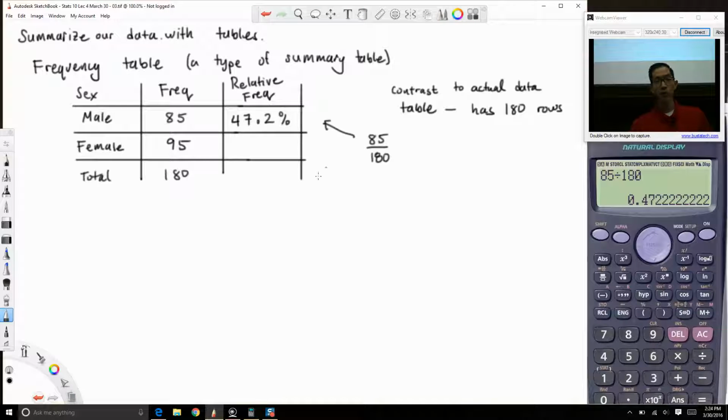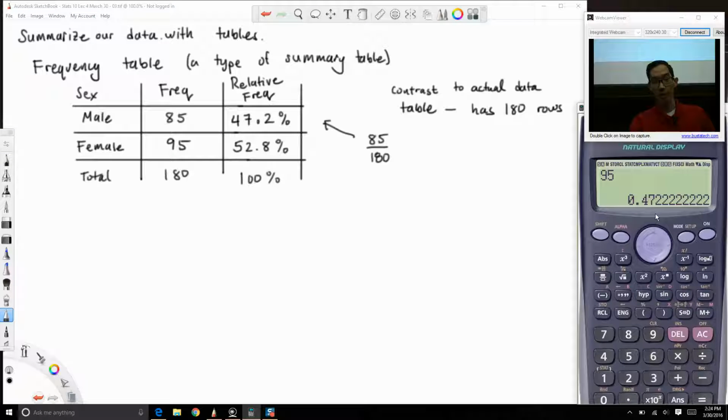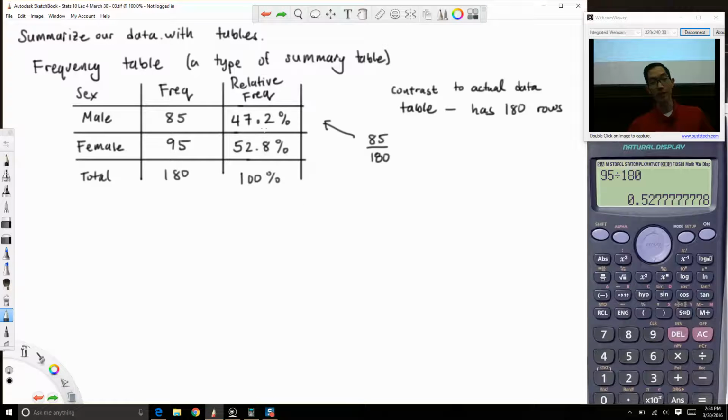Okay? And so if we have 47.2% and everything has to add up to 100%, how much goes over here? 52.8%, right? And we could verify this ourselves and do 95 divided by 180, and we would see indeed we get 52.8%.